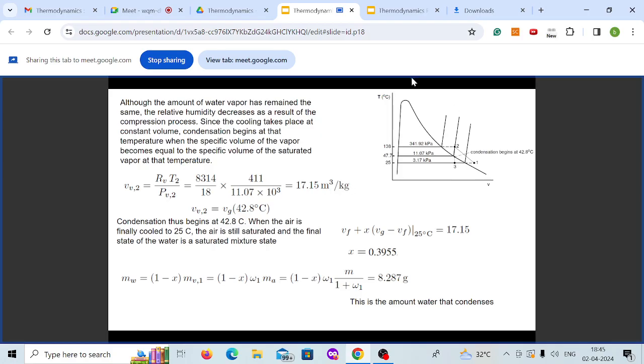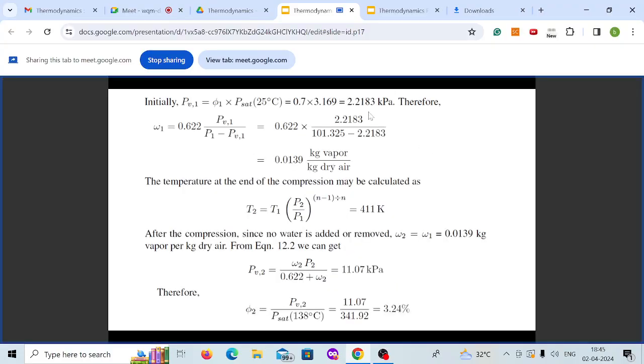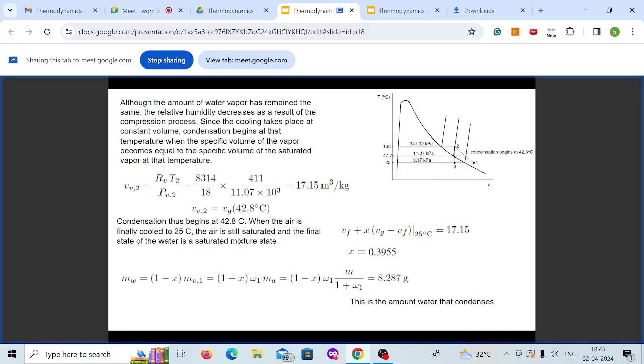Now if you see in the table, the temperature at which the saturated vapor specific volume is 17.15, you will see the temperature is 42.8 degrees Celsius. When your temperature is 42.8 degrees Celsius, your ambient is 25, so it can still cool.